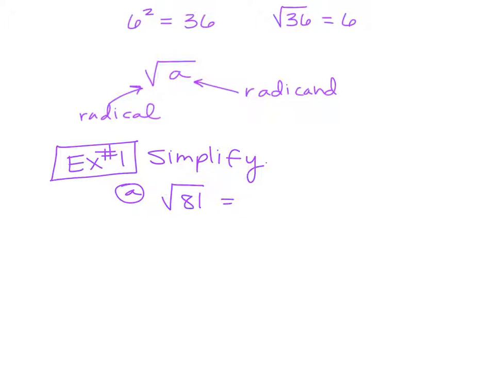It's 9, right? And your calculator helps you with these as well. So if you don't know where your radical on your calculator is, let me know. I can show you. But the square root of 81 would be 9. Okay, 9 times 9 gets us 81. Or 9 squared.